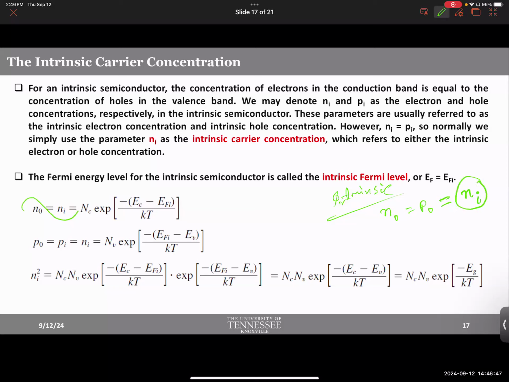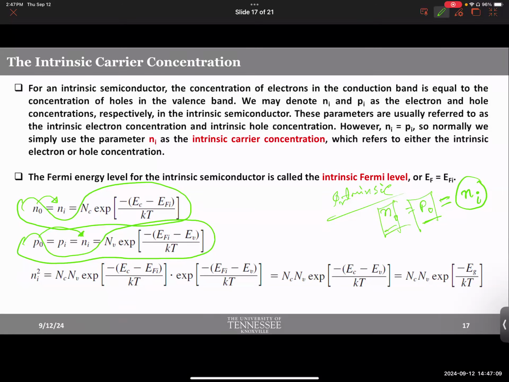This is the old equation that we saw before. All I'm going to do is represent N0 as Ni. Similarly, this is also the old equation that we noticed before, P0. All I'm going to do is represent this as Ni as well. You might ask me, why not Pi? Well, we are trying to make them exactly the same, so we have to agree on one notation.